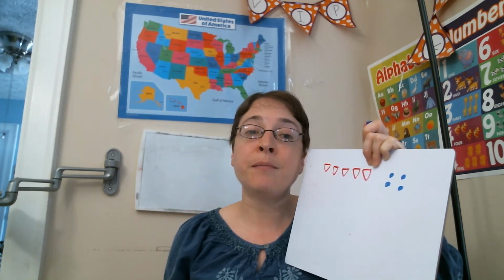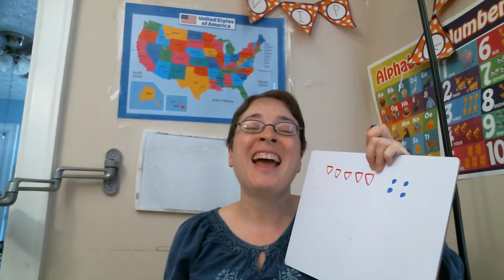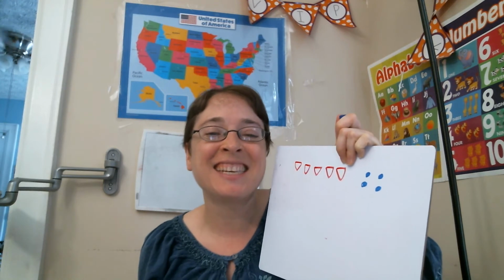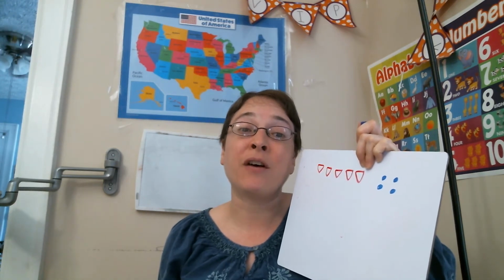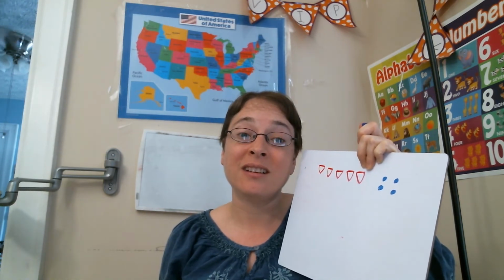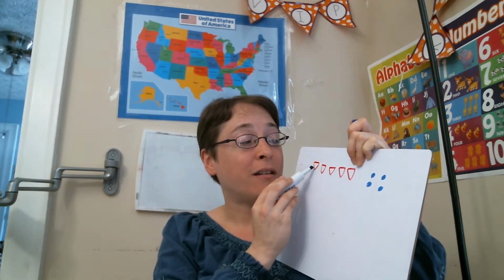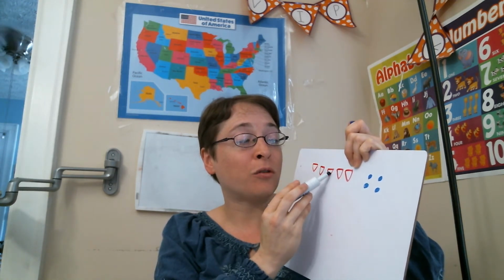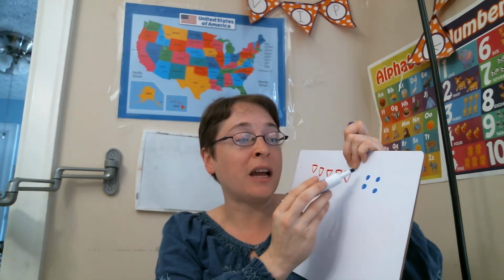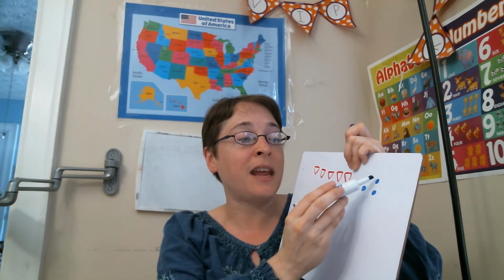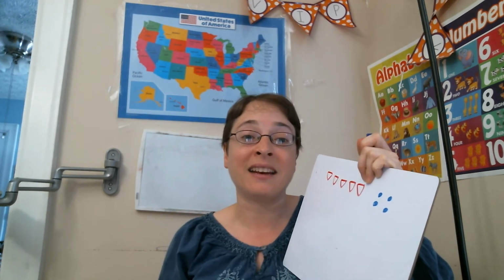And how many berries did he have in all? 1, 2, 3, 4, 5, 6, 7, 8, 9.